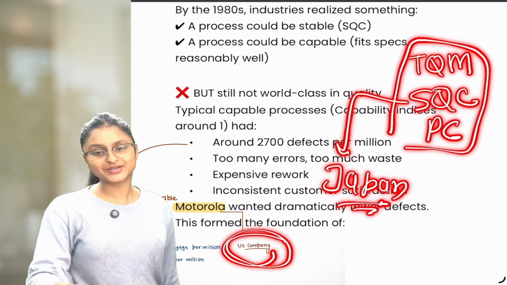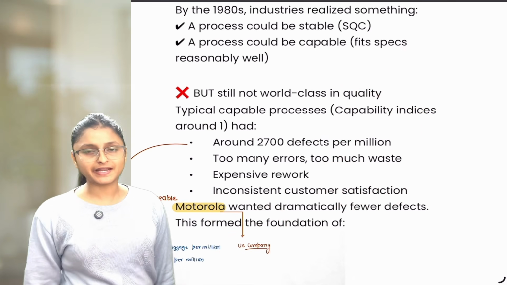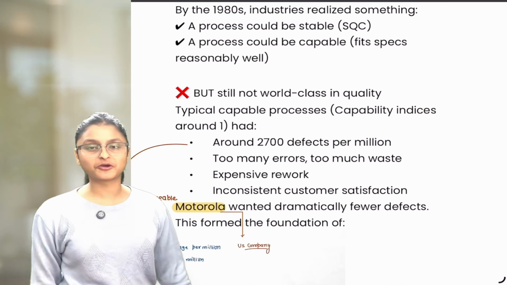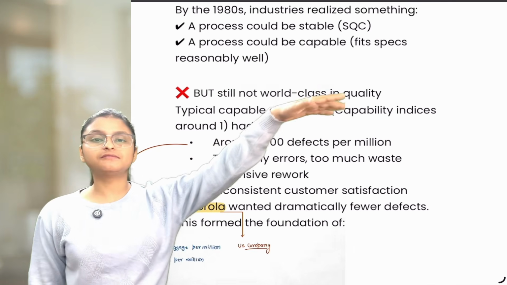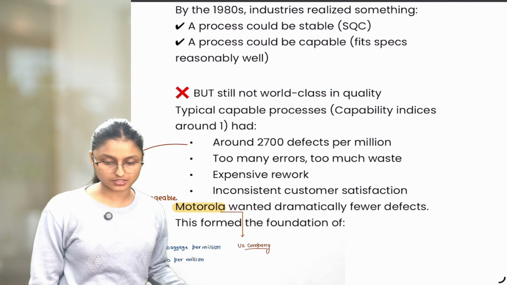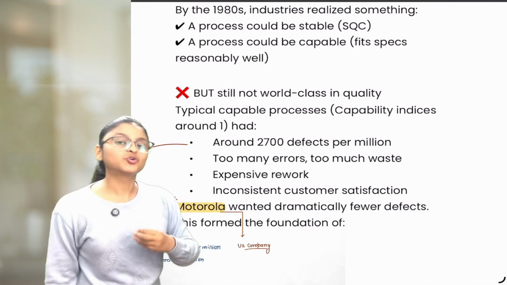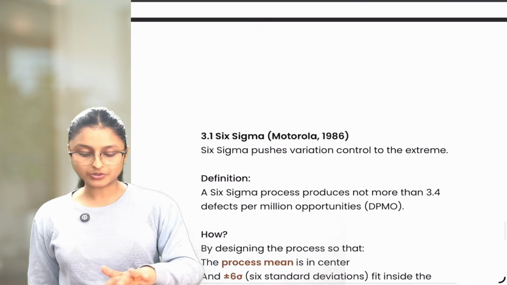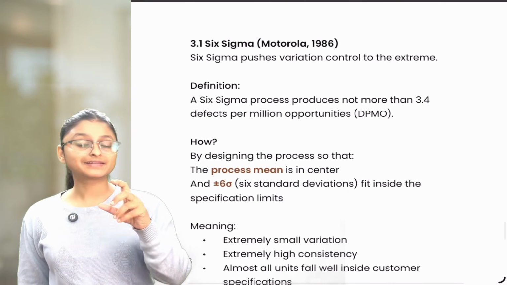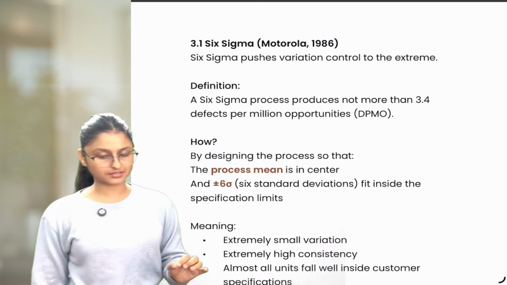Then came this US company Motorola. They said, why only Japan will improve the quality? We will also improve and take it to a much better level than what Japan was taking. And that is why Motorola introduced the Six Sigma level of quality. Motorola introduced Six Sigma in 1986.